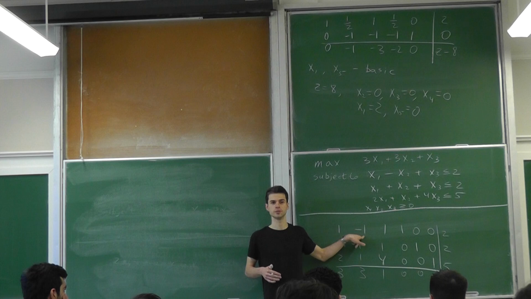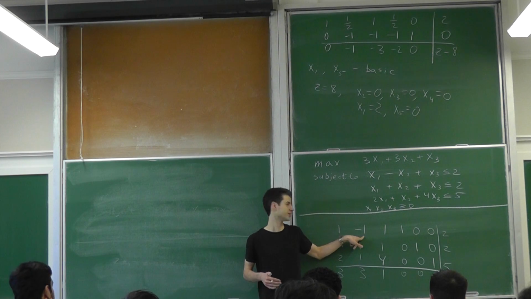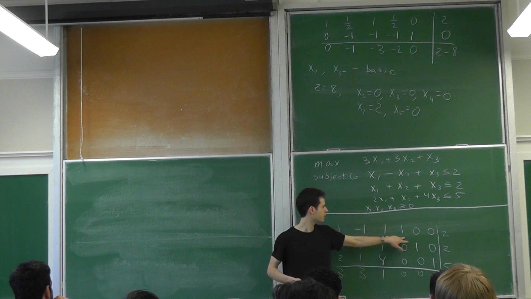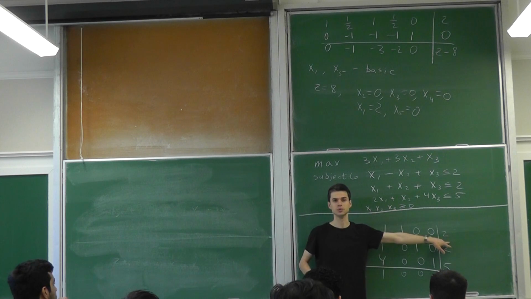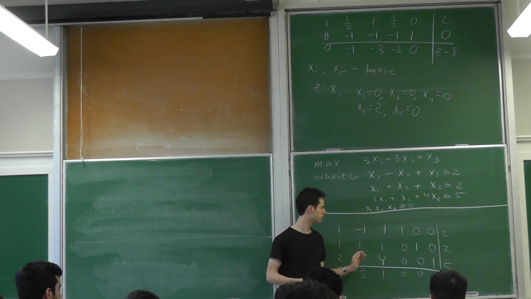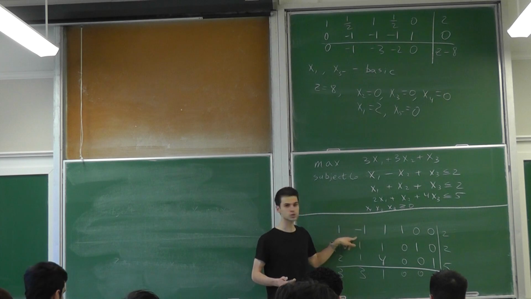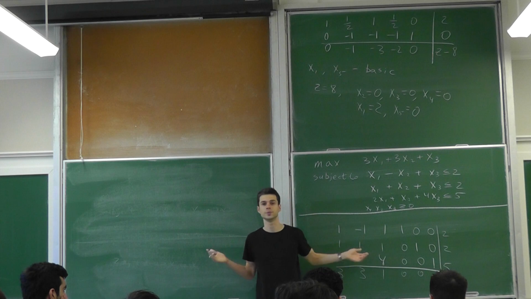What does the first row tell me about it? Nothing, right? In the first row, I have x4 minus x2 equal to 2. Once I set the other variables x1 and x3 to 0, I can increase x2 as much as I want. Correspondingly, x4 will increase, and nothing will become negative.